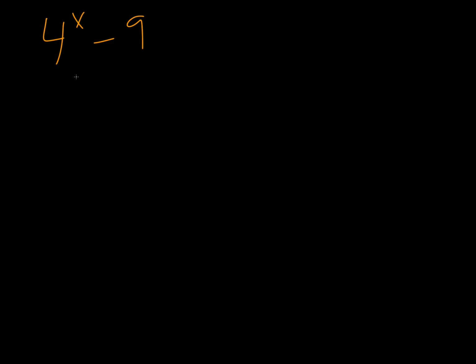What we're going to do is use difference of squares. This may not necessarily look like it's set up for difference of squares, but we're going to show that they're squares. So 4 is 2 to the 2, and 9 would be 3 squared.